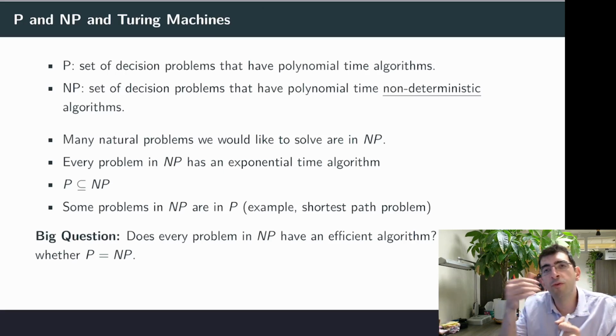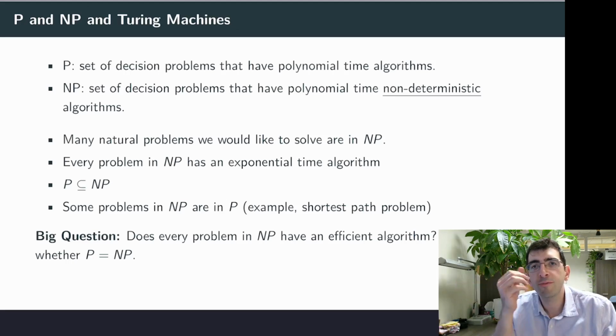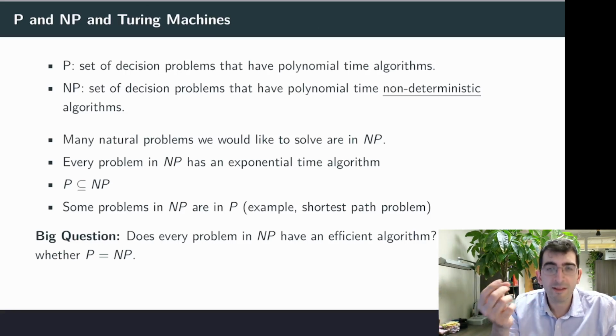But no one has proven that a particular problem doesn't have an efficient algorithm. No one has proven that SAT cannot be solved efficiently. But it's been a while. So the assumption these days is that P doesn't equal NP, and there are certain problems that simply don't have efficient algorithms. But no one has proven that strictly.